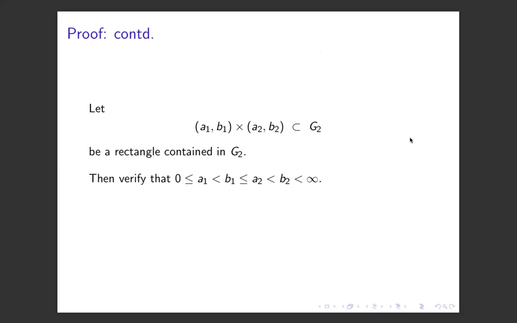Take some simple examples: 1, 2 and 2, 3. On the x-axis you take 1, 2, and on the y-axis you take 2, 3. So the point corresponding to B1, A2 will be 2, 2. Okay, is it clear? Yes, sir. Good.